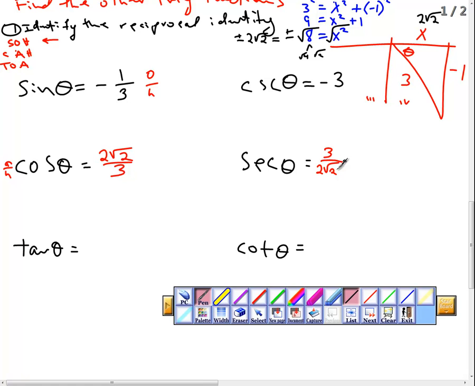We have to get rid of that radical, right? Square root 2 over square root of 2. So we get 3 square root 2 over the square root of 4, which is 2, which becomes 3 square root 2 over 4. Okay? Questions with that?